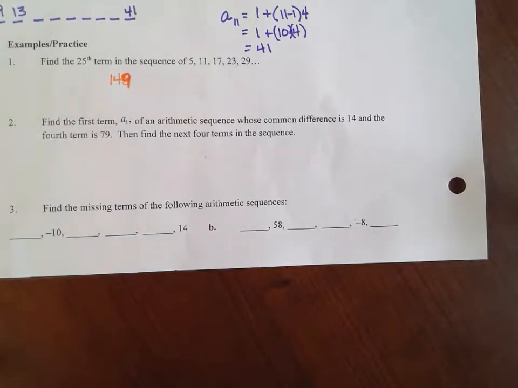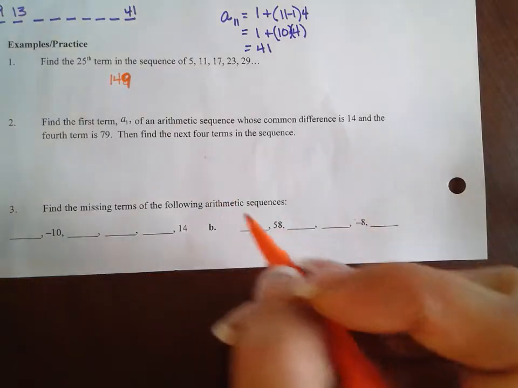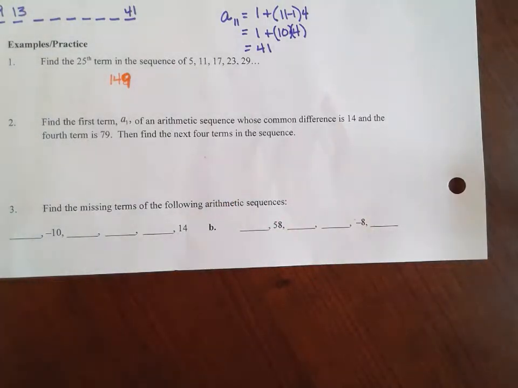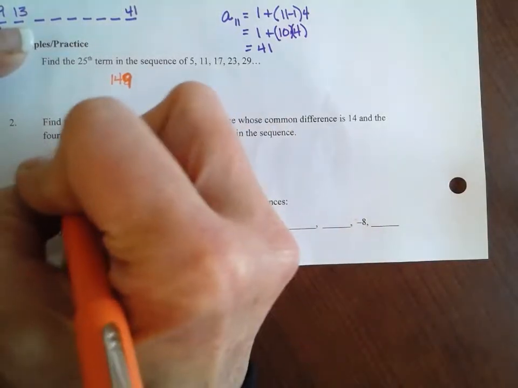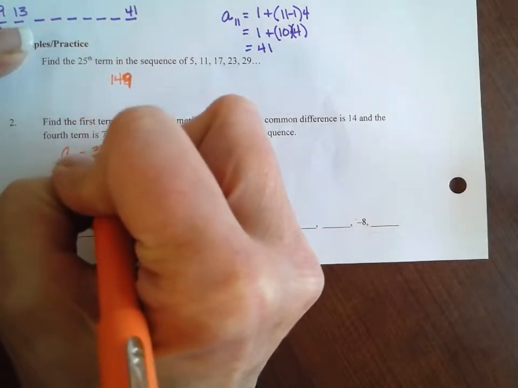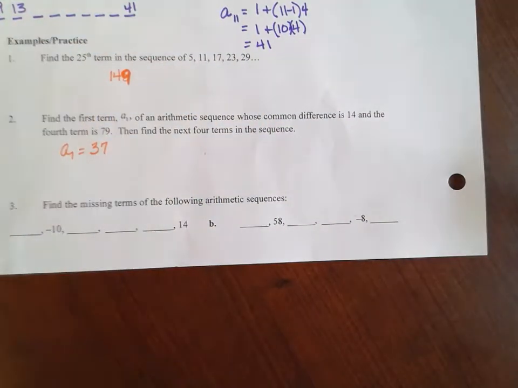Randall, what'd you get? Hank, what'd you get? The first term was 37. Okay, so the first term is 37.